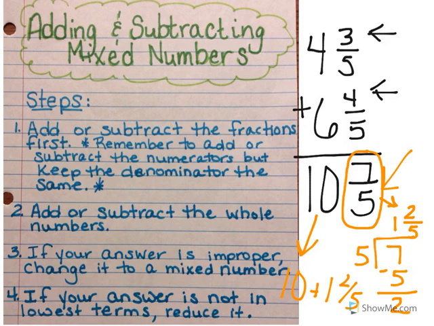And when I do that, I get 11 2/5, because 2/5 plus nothing is 2/5, and 10 plus the 1 is 11. So when I rewrite 4 3/5 plus 6 4/5, my answer is 11 2/5.